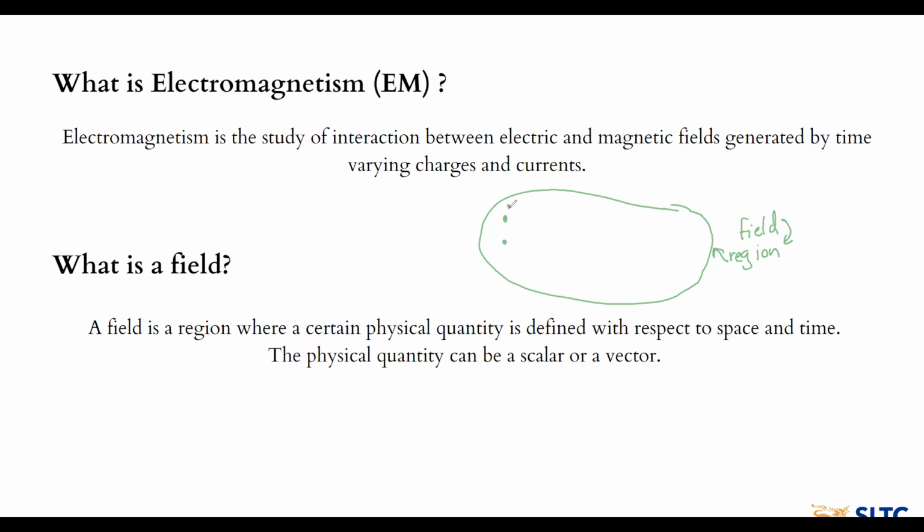So it could be 5 Celsius, it could be 2 Celsius, likewise at each point we can define the temperature, right? And also this temperature will depend on the time. If we take the temperature measurements at 1 p.m., we get a certain set of temperature values.